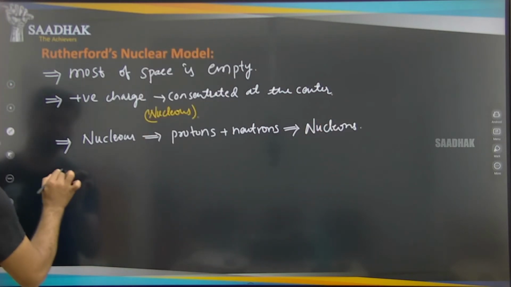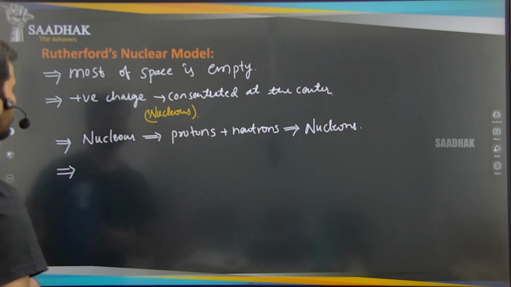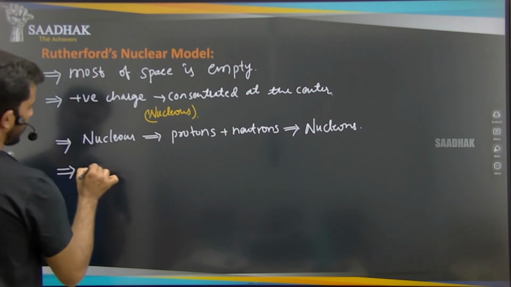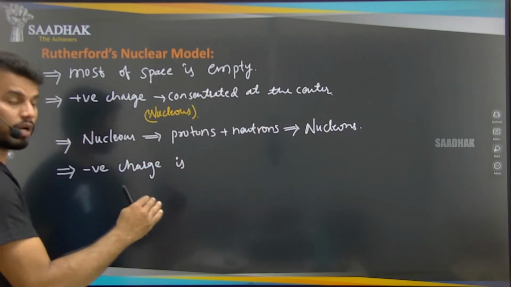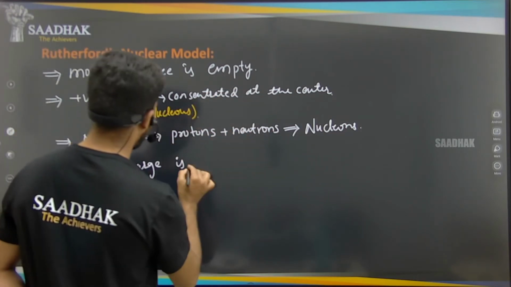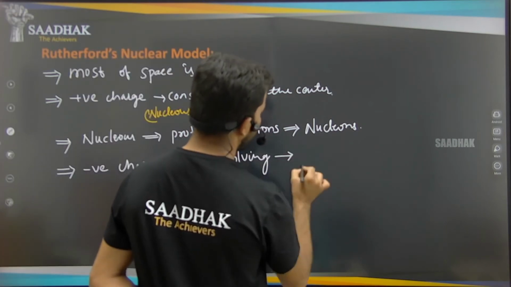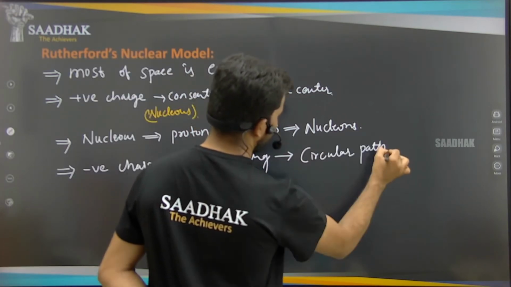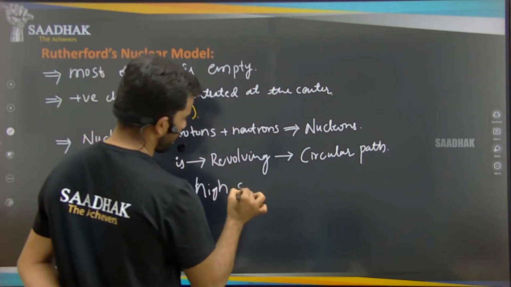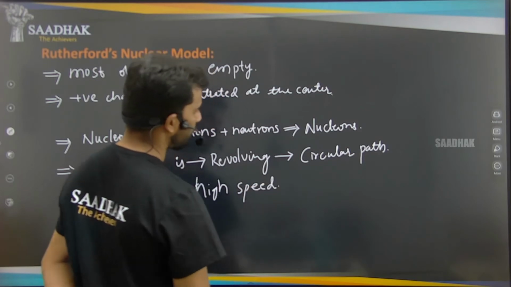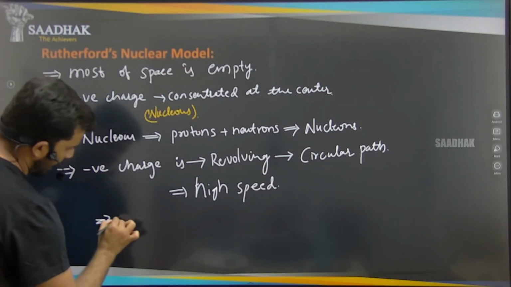And another postulate of this Rutherford nuclear model is the negative charge revolving around the nucleus in a circular path with very high speed, right?